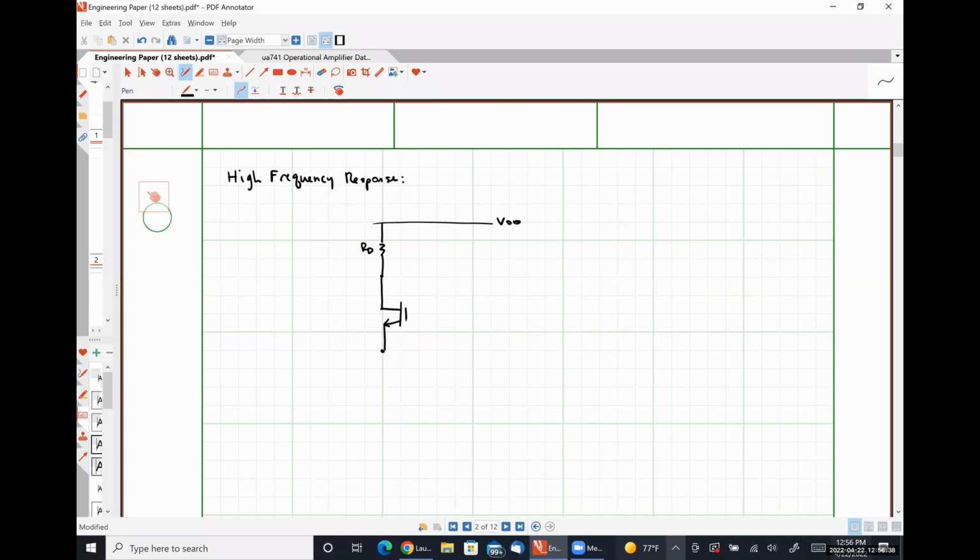So between our drain and gate, we know we should have some capacitance CGD. Between our gate and source, we have a capacitance CGS.